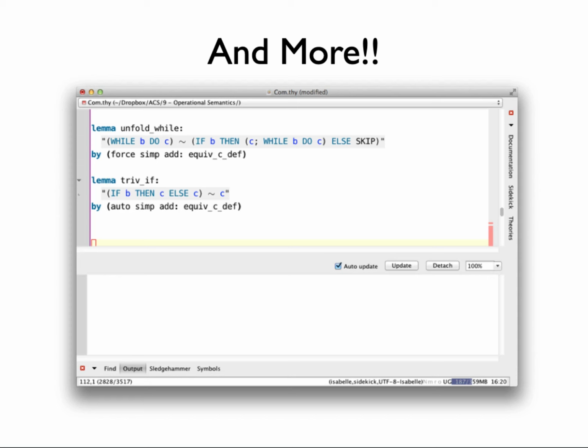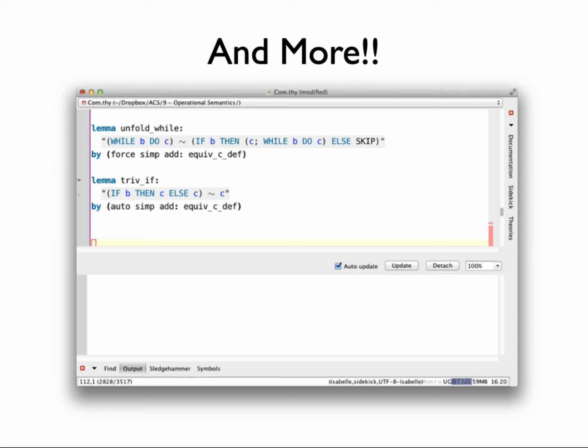That is, while B do C is equivalent to an outer if-then-else: if B then you do C semicolon another while, otherwise skip. Again, proved automatically. I'm sorry, I did tell you all our proofs will be trivial here, because the alternative, that they are incomprehensible, is not really an option. Yes, question or no? Okay.